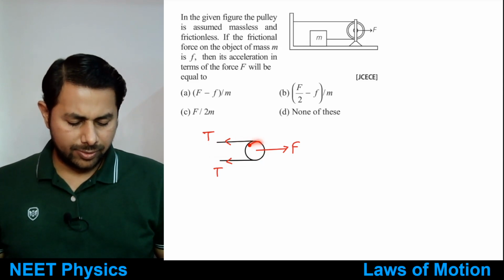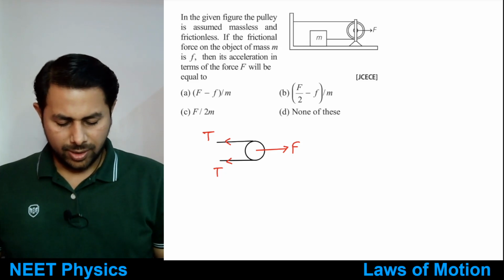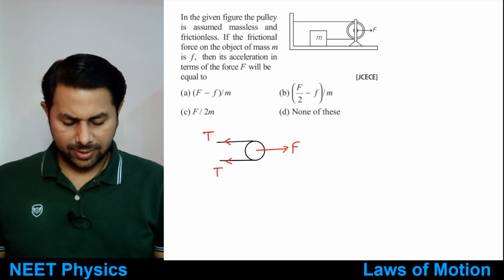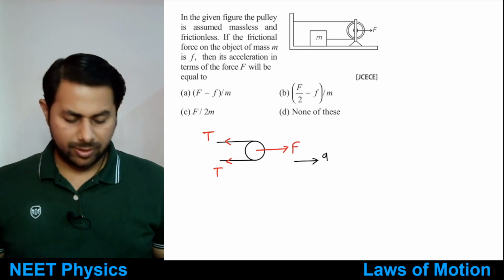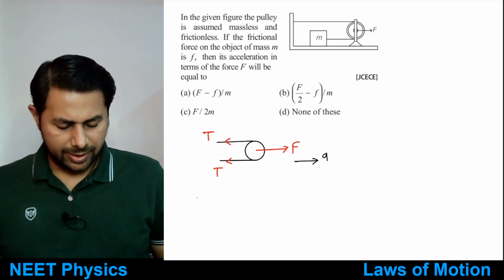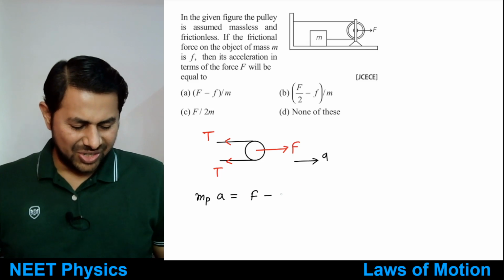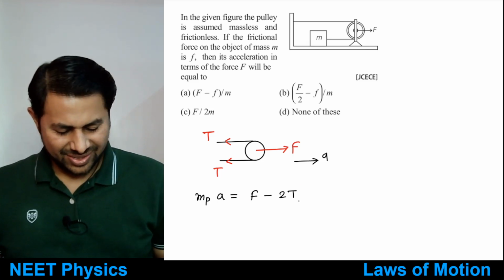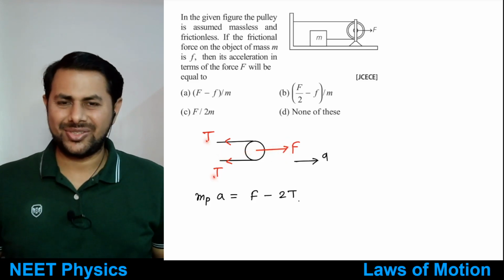So now see, this is the free body diagram of the pulley. The pulley is massless. The system is accelerating with some acceleration A, but the pulley is massless. So mass of pulley times acceleration is equal to what? F minus 2T, since T plus T is 2T.